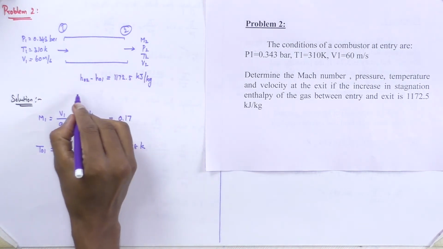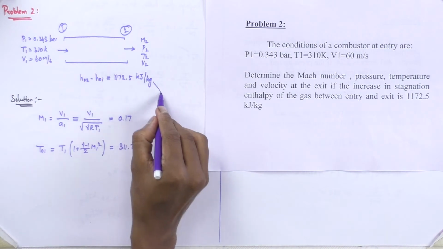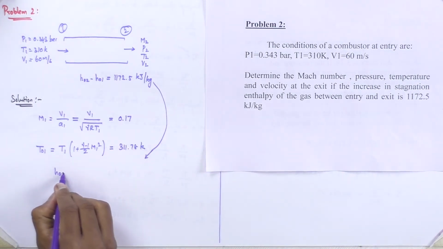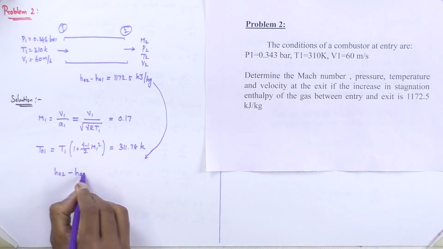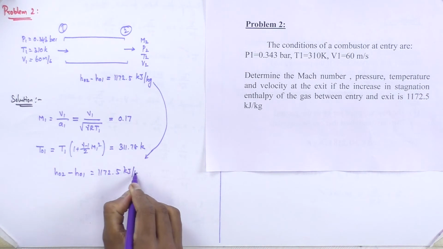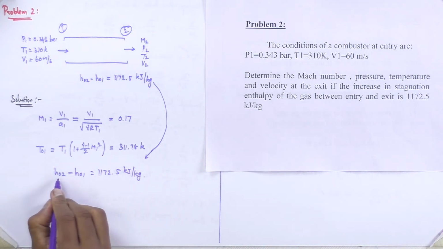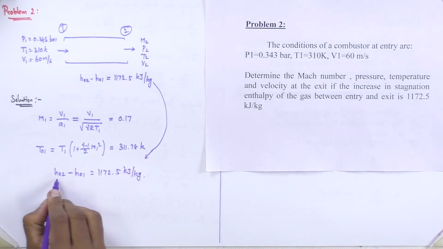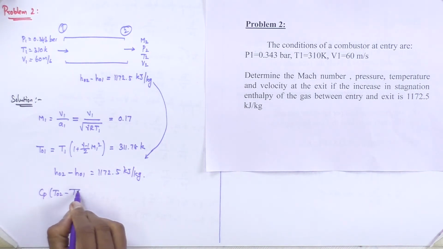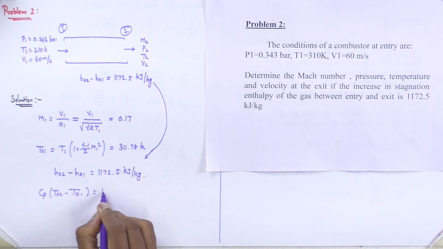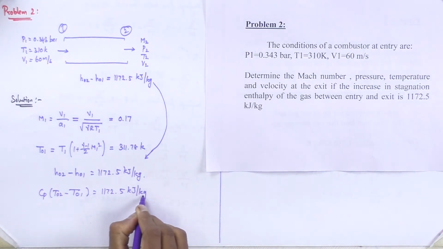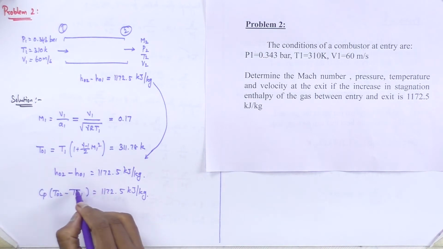So now let us use this value. So H02 minus H01 is equal to 1172.5 kilojoule per kg. So in terms of temperature, this difference can be written as Cp into T02 minus T01, which is equal to 1172.5 kilojoule per kg. We already know the value of T01 here.